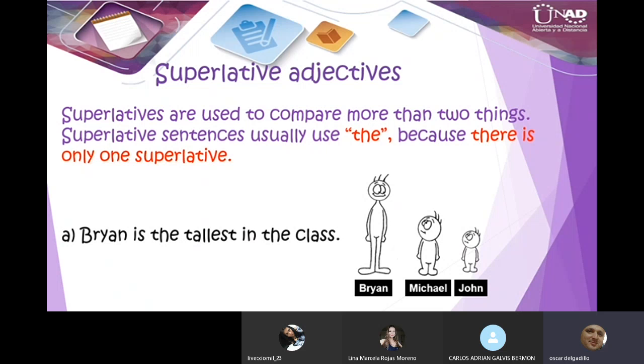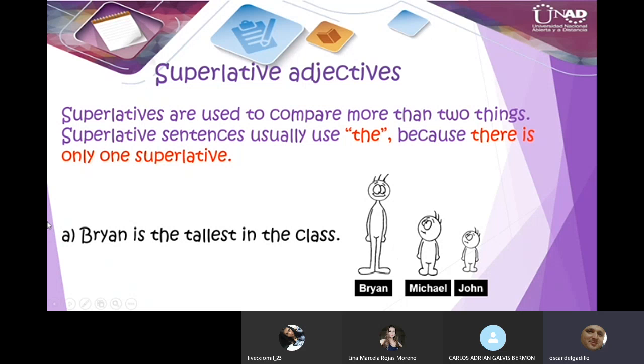Superlative sentences usually use the because there is only one superlative. In comparative adjectives, we compare only two things, but with superlative adjectives, we compare more than two things or people or animals.